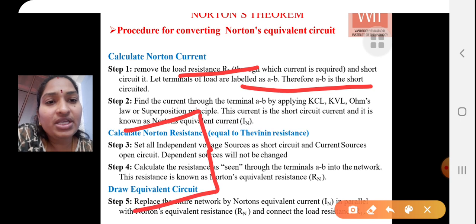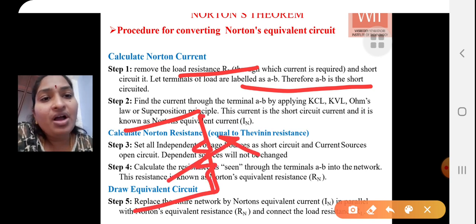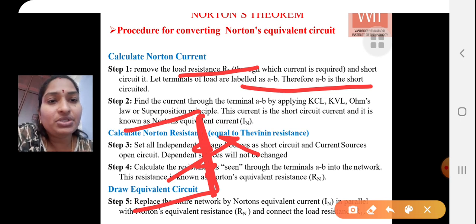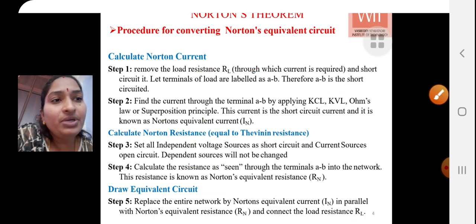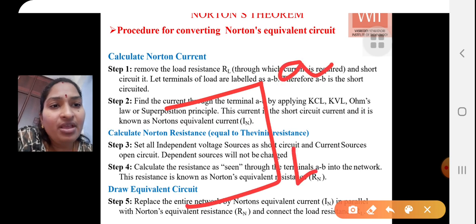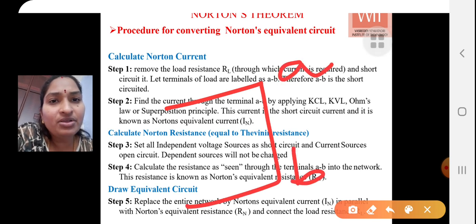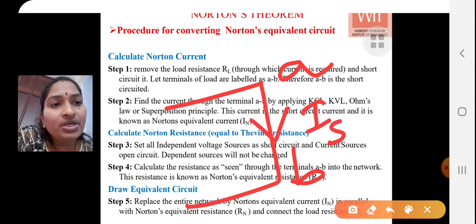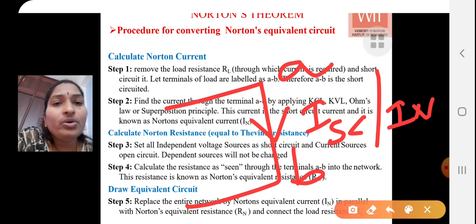Whatever current flows through this short circuit in place of the load resistance is known as the short circuit current or Norton's current.